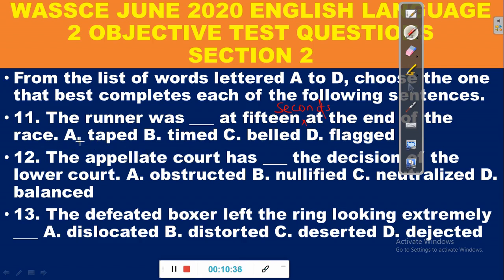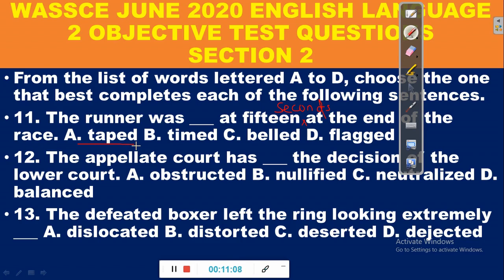Let's begin with the word taped. To tape something is to record sound or pictures, like a videotape or audio recording. Another meaning of taped is to fasten or attach something with adhesive tape.